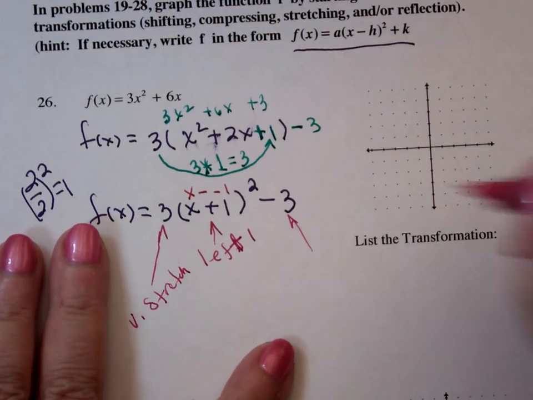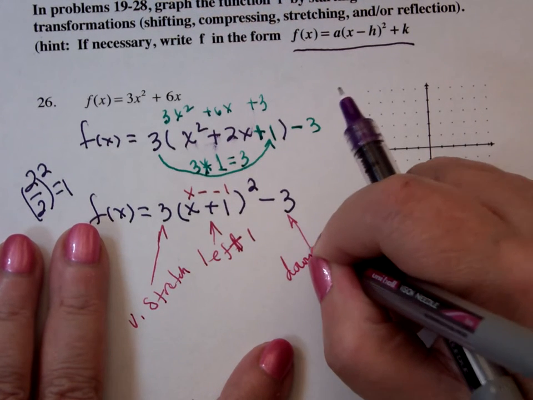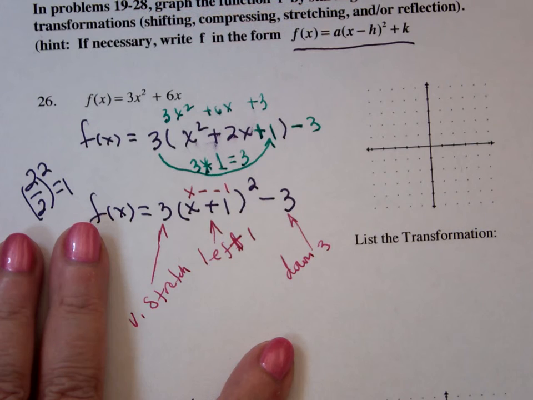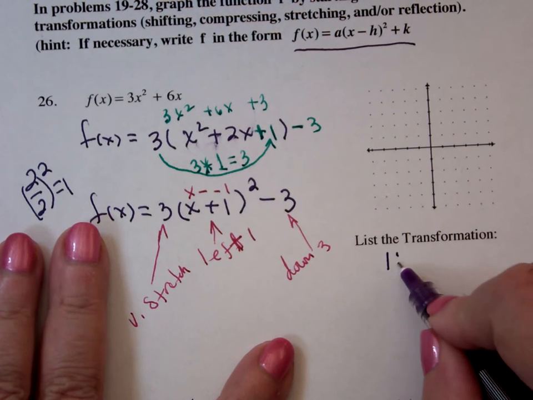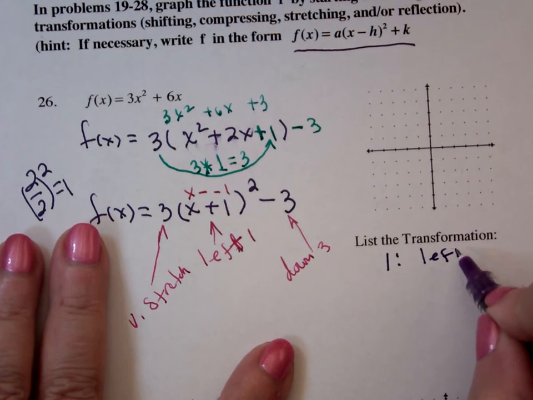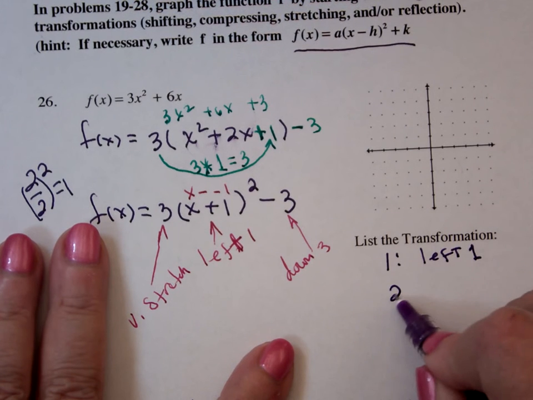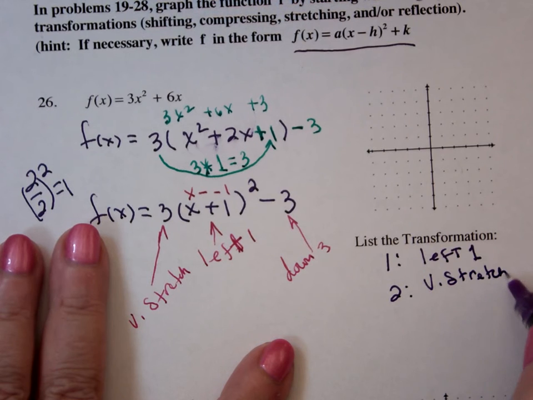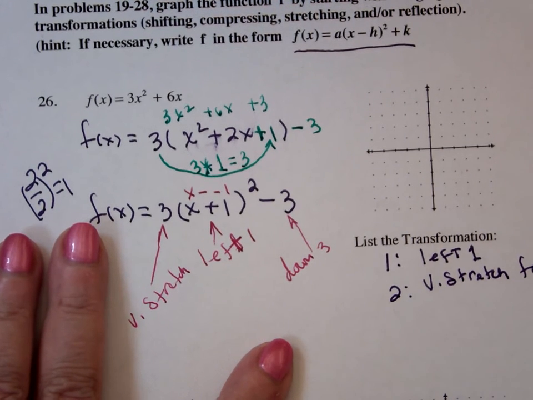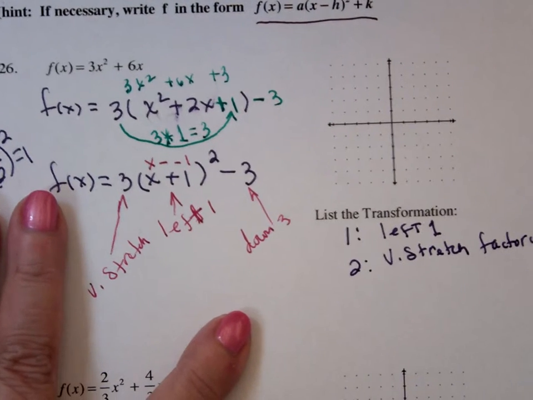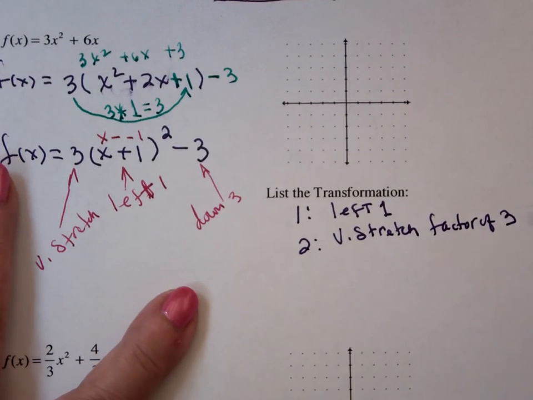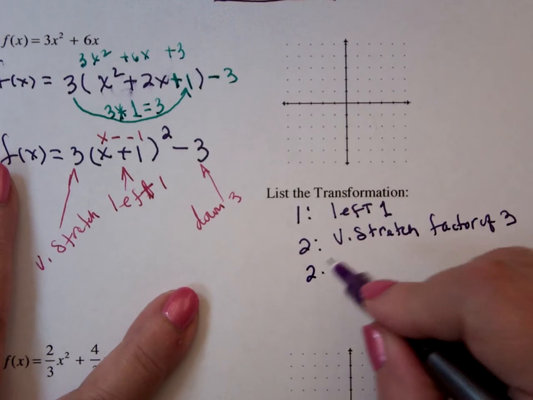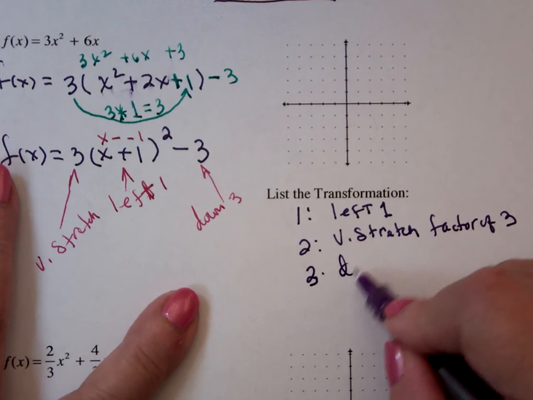And what's that? Down 3. So if I were to list the transformations, it would be left 1, vertical stretch by a factor of 3, and down 3.